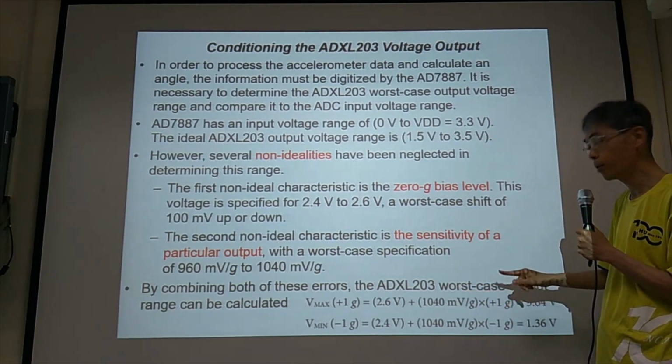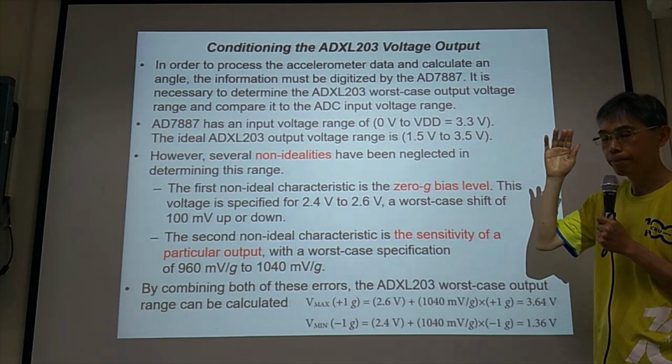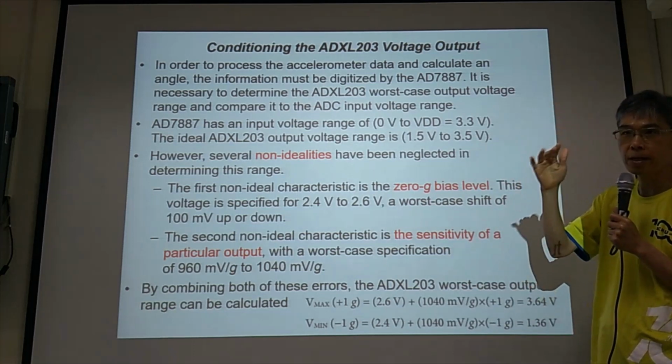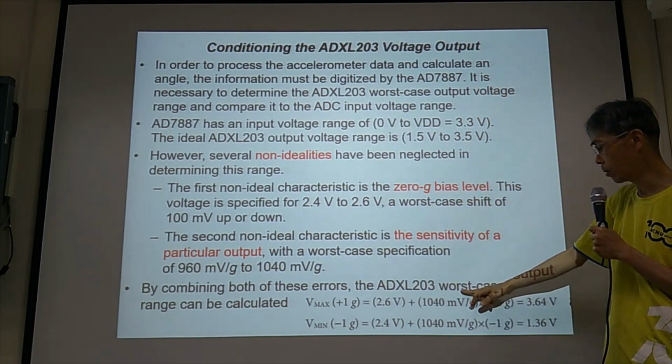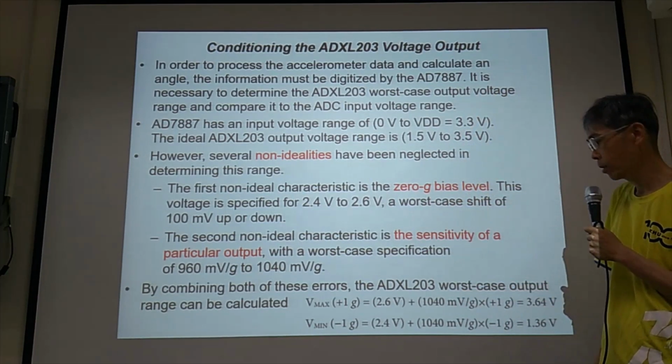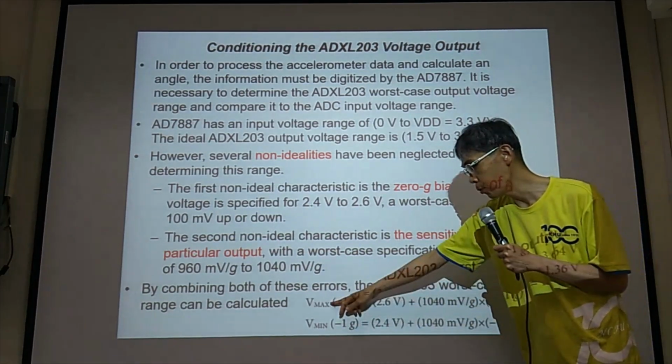Worst case output means the possible maximum and the possible minimum. Consider all the cases. The worst case scenario. For plus 1G, see what's the maximum output possible.